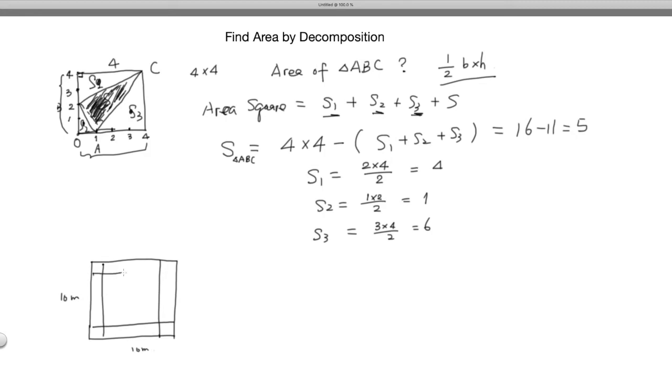Make a boardwalk like this. Okay, I'm not drawing it completely proportionally, but this is 10 by 10, and here each side is 1 meter. What is the area of this boardwalk?